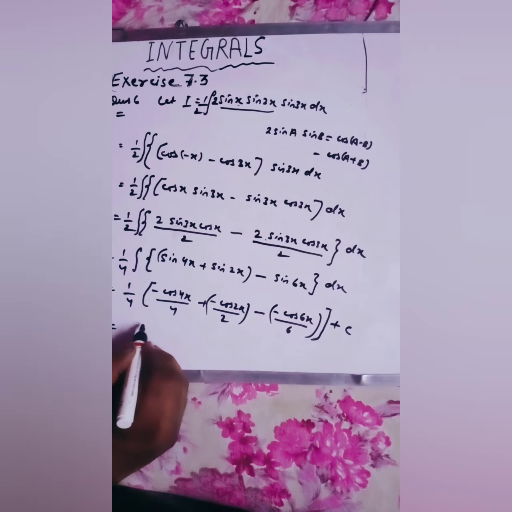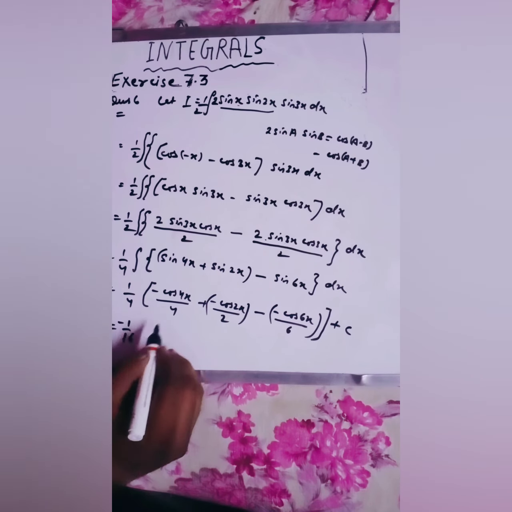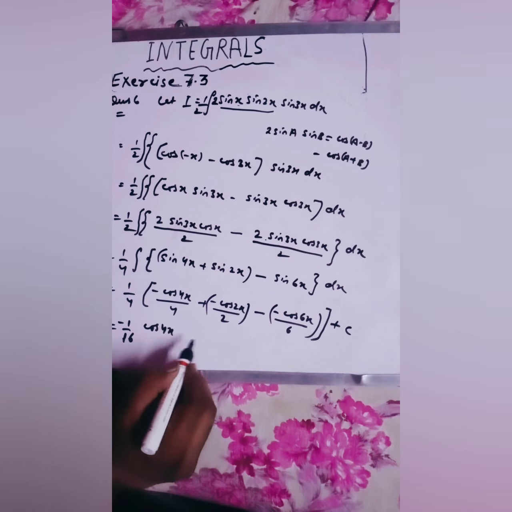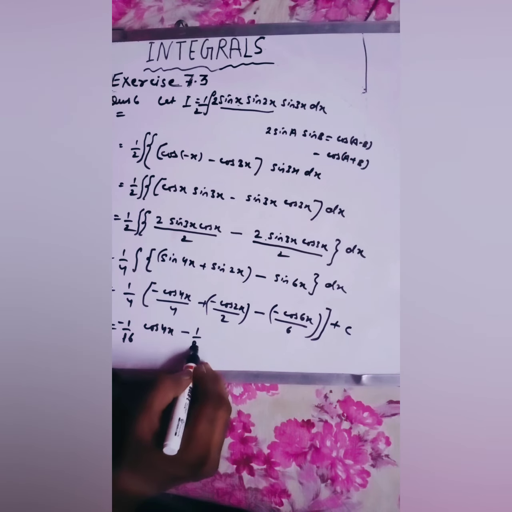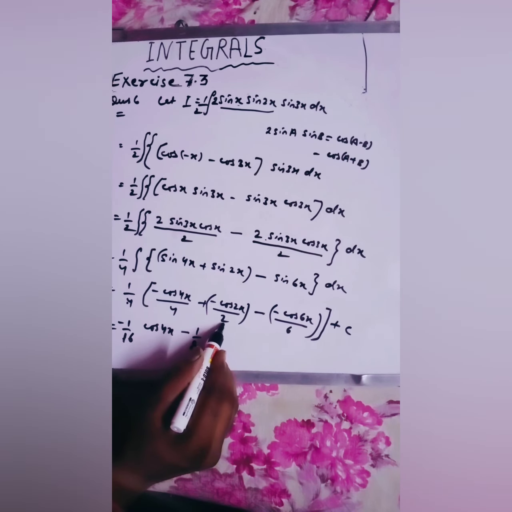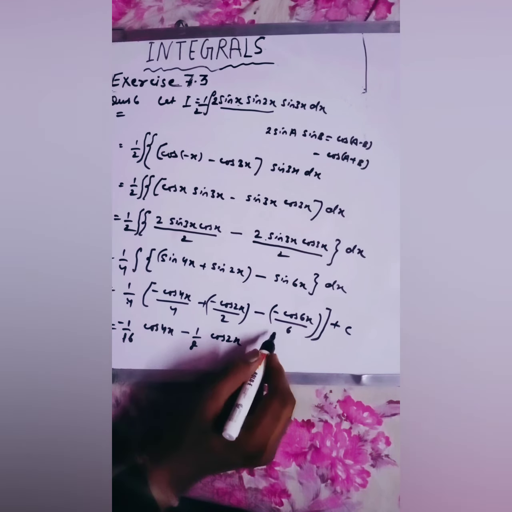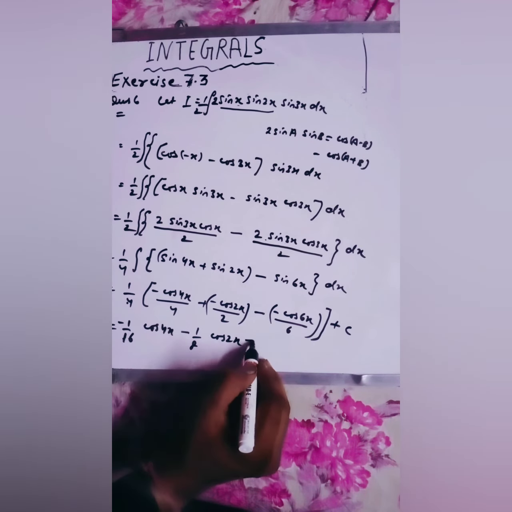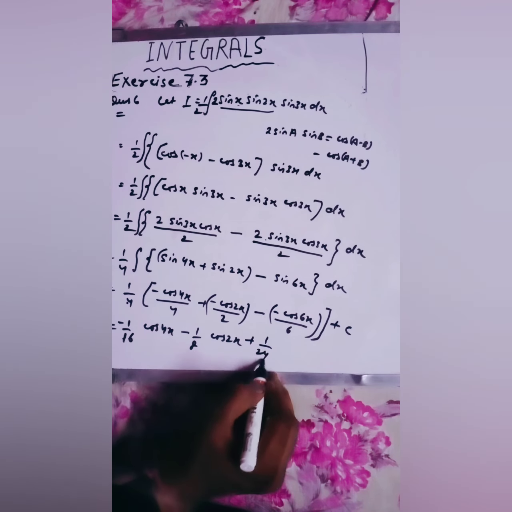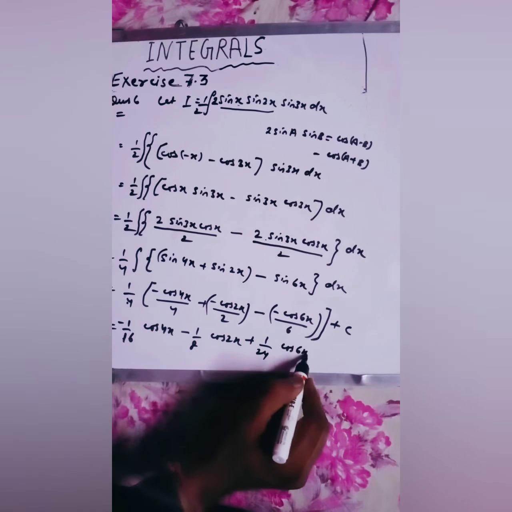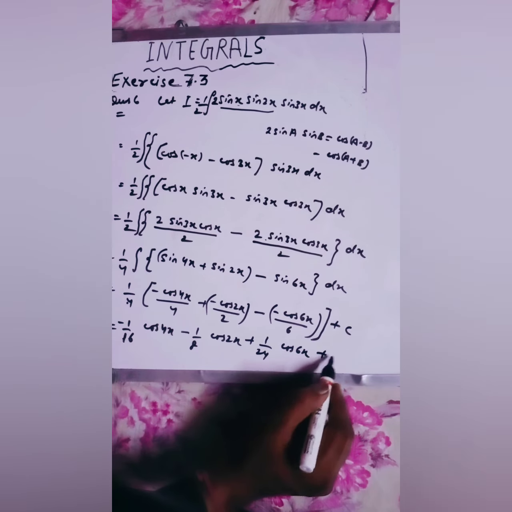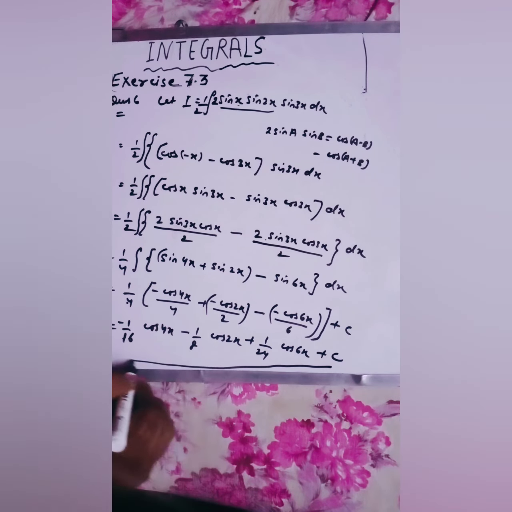So here you will get 1 by 16 minus, when you insert it, cos 4x minus 1 by 8. This 1 by 4 will be multiplied with this half, and you will get cos 2x. This 1 by 2 you multiply with this, plus 1 by 24 cos 6x plus c. So this is your required final answer.